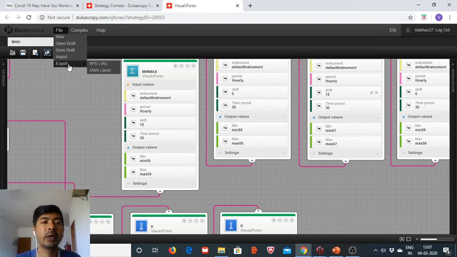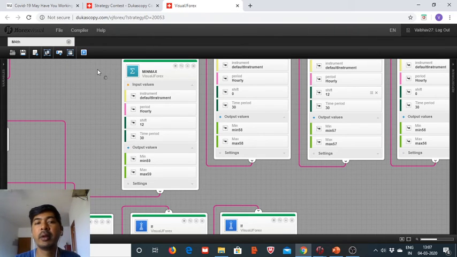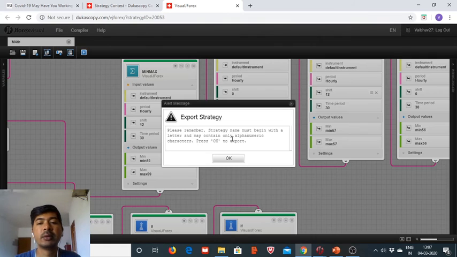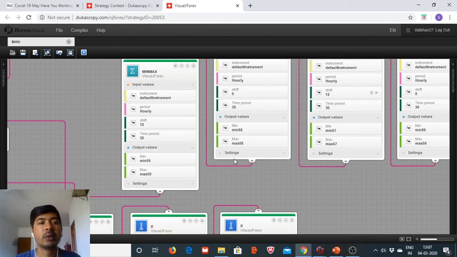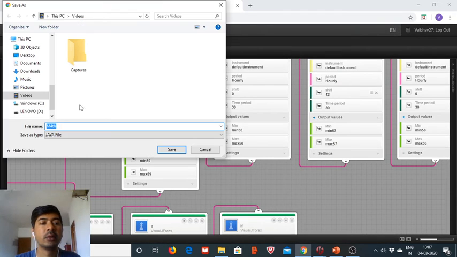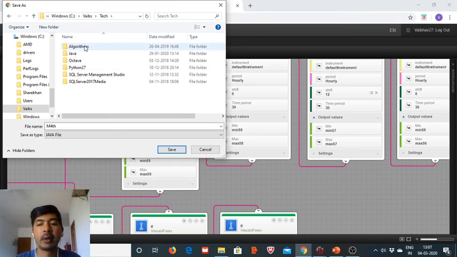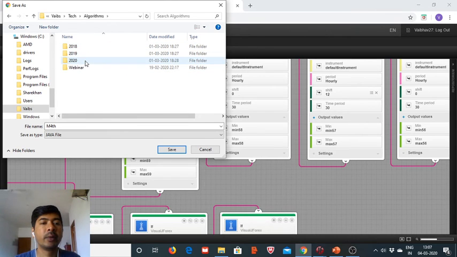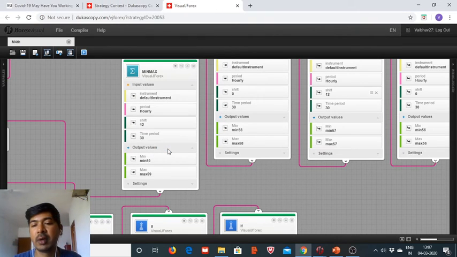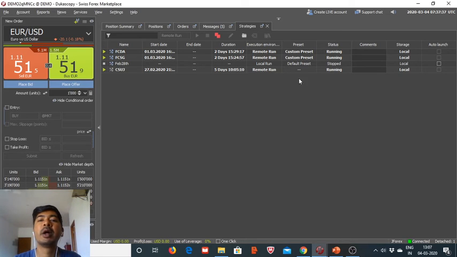Now let's again export it in Java format. And here we are almost done. M4 is our today's file. Okay, now let's go to our platform and import it here.